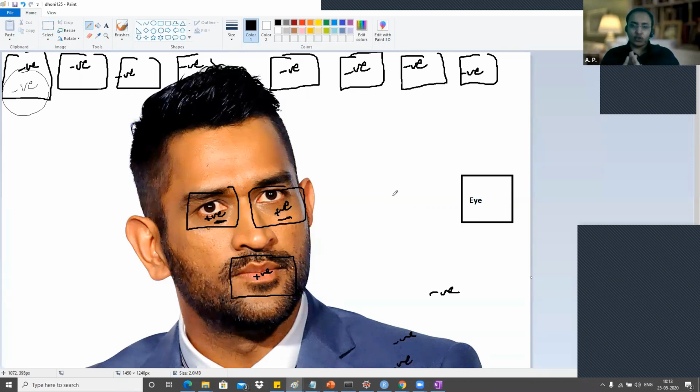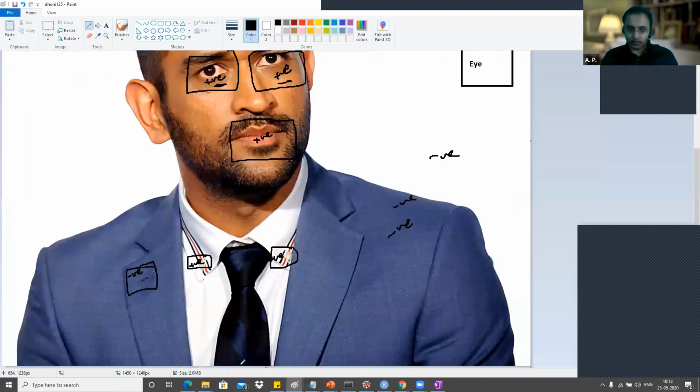Wherever there was no eye, that will completely become black. Wherever there was an eye, that will remain almost as it is. So the whole mouth, background, hair, ears, and nose become black.